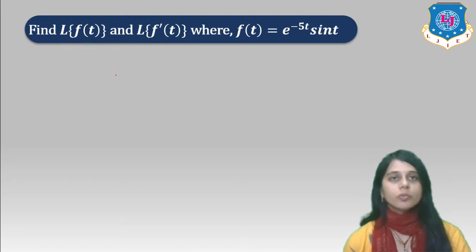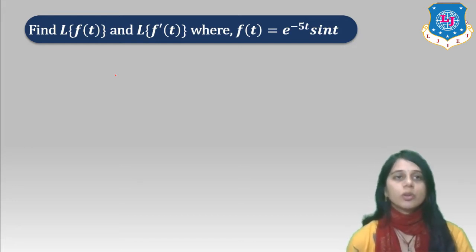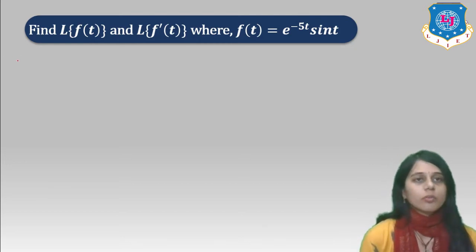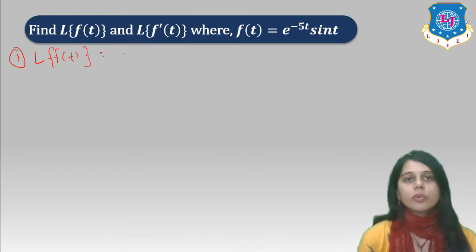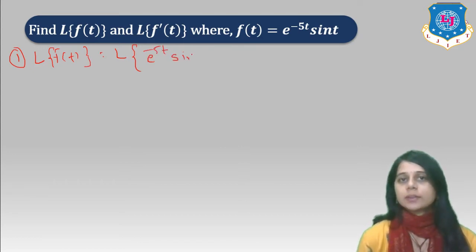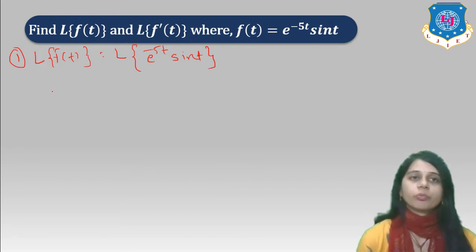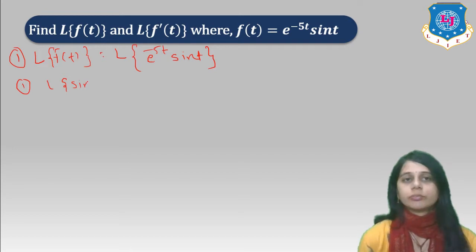Find Laplace of f of t and Laplace of f dash t for this function. First, we are finding Laplace of f of t. What is the Laplace of f of t? It is e raised to minus 5t sin t. Okay. Step 1. Laplace of sin t is 1 upon s square plus 1.